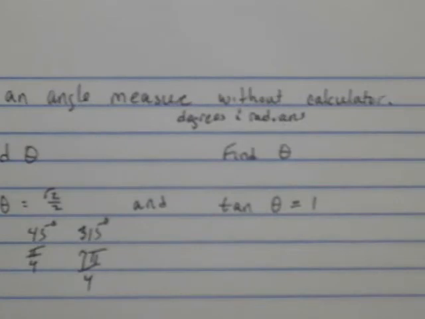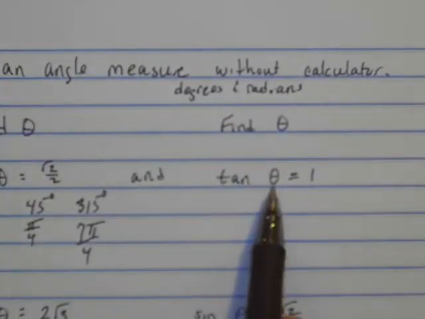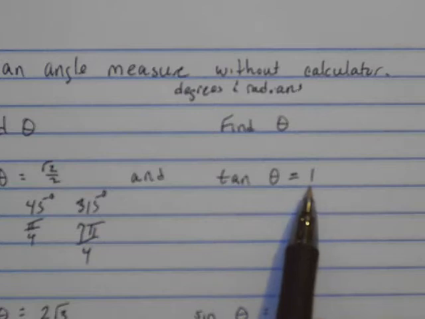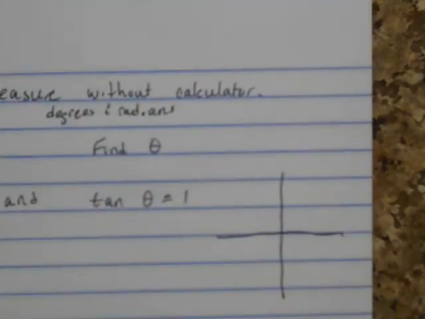Let's think about the next one. I want to know the place where theta, what would theta be if tangent was 1? Well, in order for tangent to be 1, we have to find the place where the y value and the x value are the same, because something divided by itself is 1.